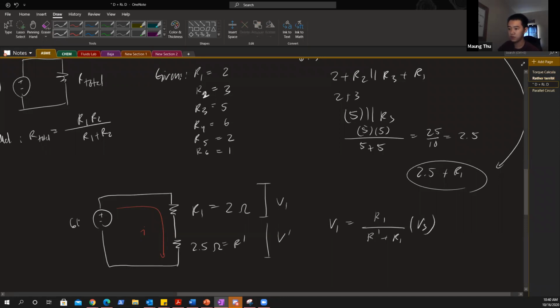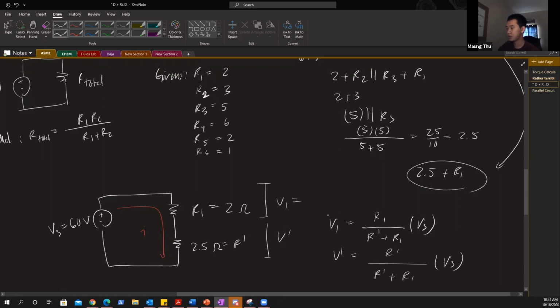This is your V source, okay? Your 6V, your V source. So that means that you can figure out the voltage 1 drop very easily now because it's just a simple equation. You can also find voltage prime very easily too, just by doing this. It's going to be R prime over R prime plus R1, times Vs, okay?